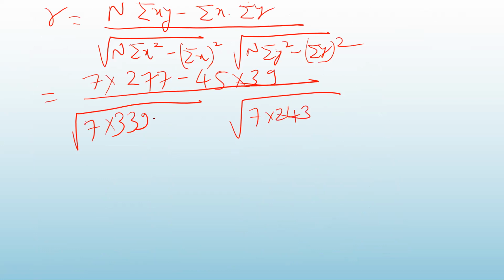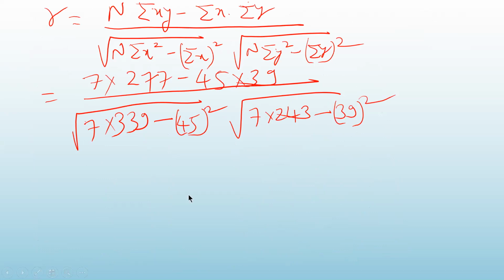243 minus summation of x is 45, so 45 square. And this is minus summation y is 39, so 39 square. Okay. So look at what I've done. I've just put the values in the formula.